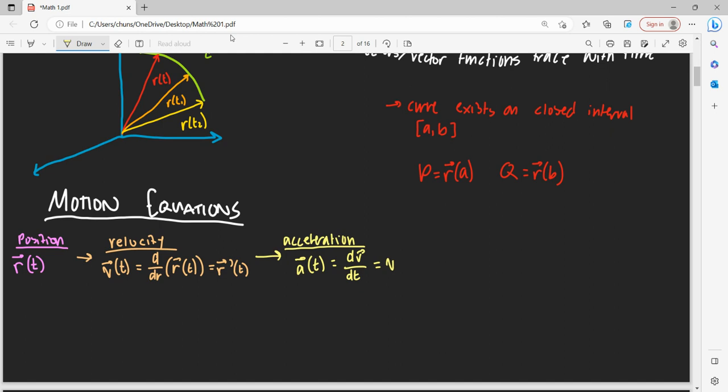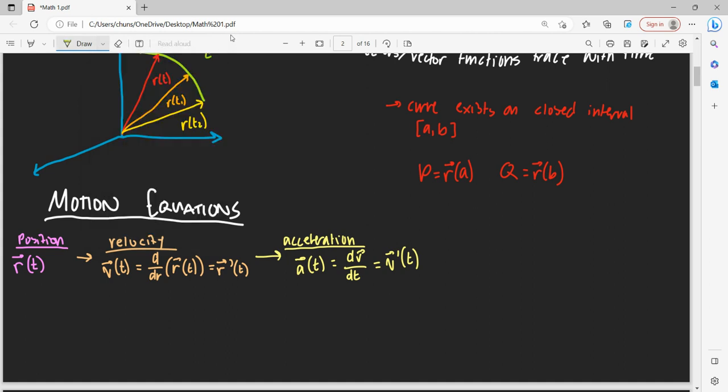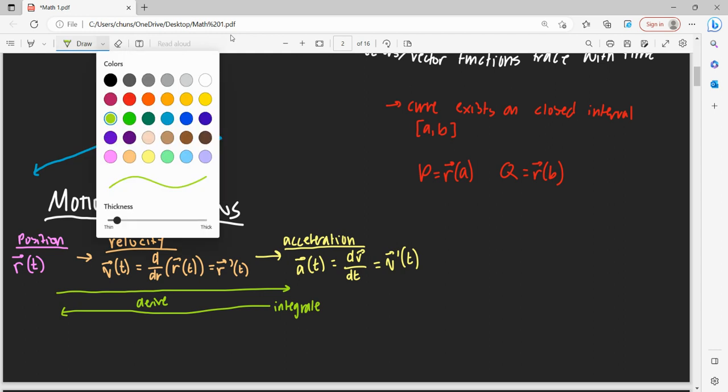It's also equal to taking v prime. So if you start from position and you derive, then you'll get velocity. Then deriving from velocity, you'll get acceleration. If we went the other way, you would have to integrate.